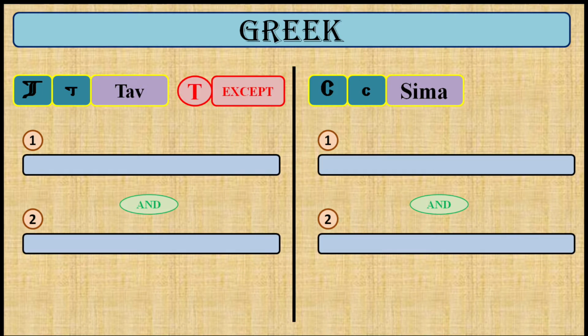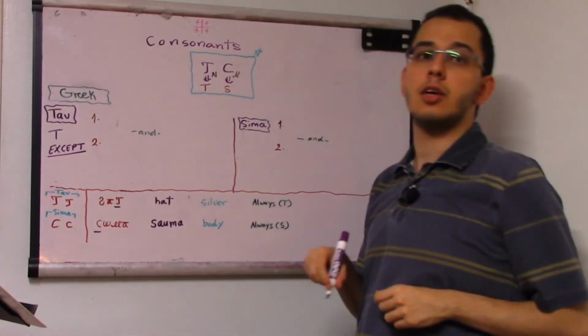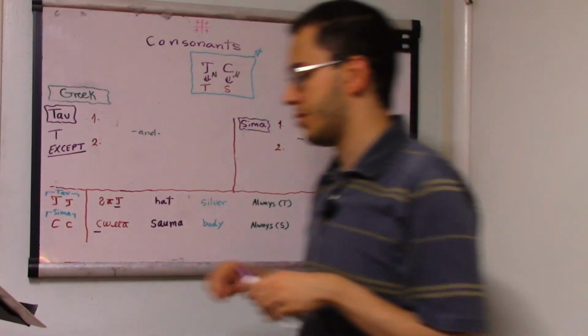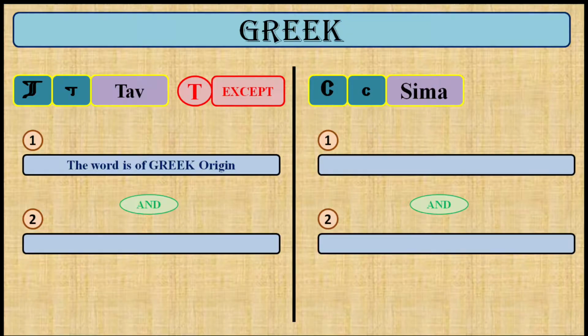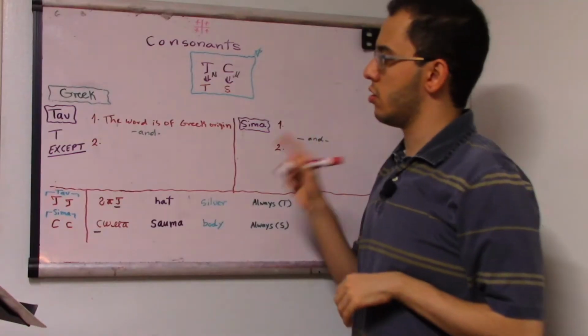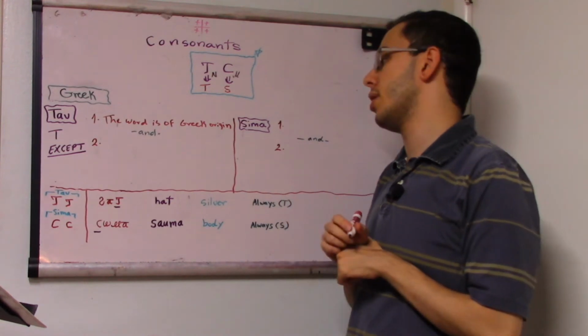So Tav would still be T in Greek, just like we learned it, except, here is the key word, when two conditions are met. First condition is that the word is of Greek origin. The word is of Greek origin. That's condition number one.